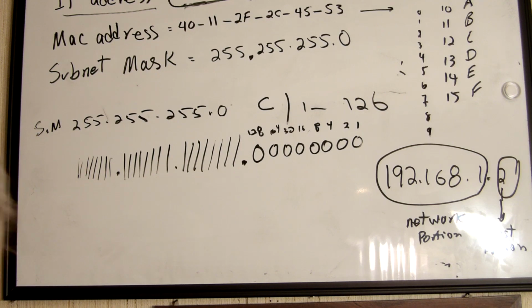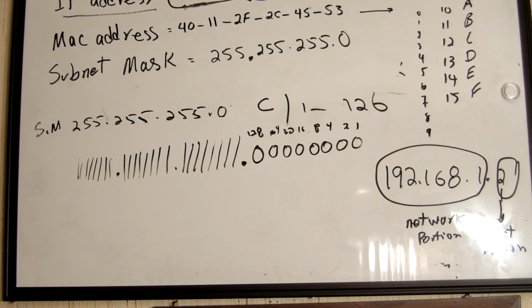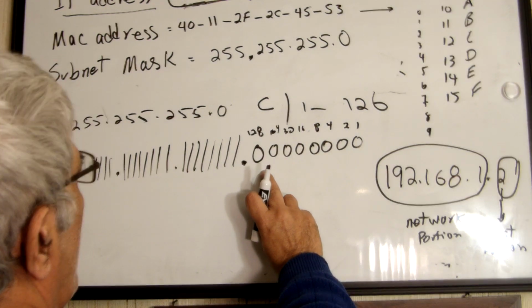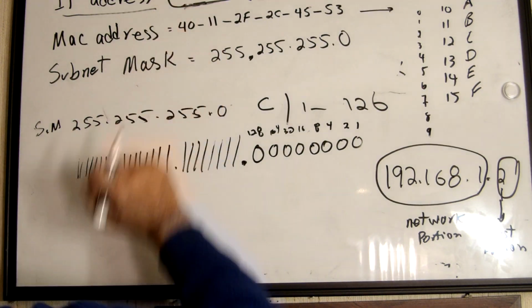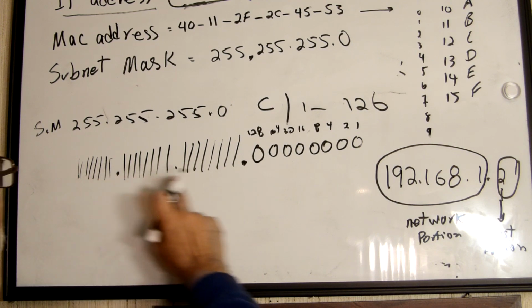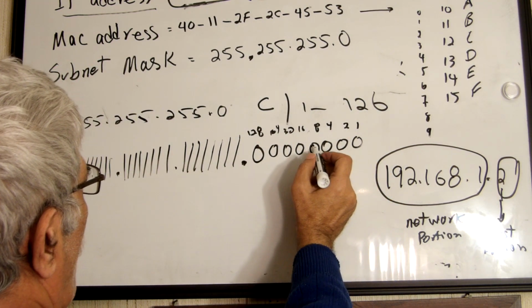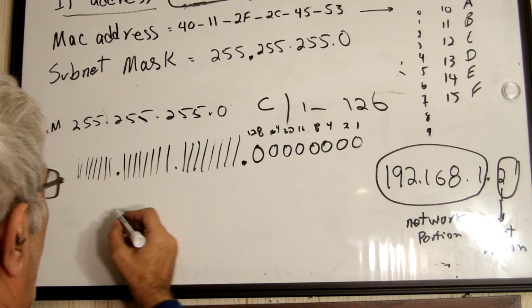But here, the way to find out how many hosts you can get from this IP address: this is the network portion, and this is the host portion. See, 1, 2, 3, 4, 5, 6, 7, 8. So you get 8 bits.